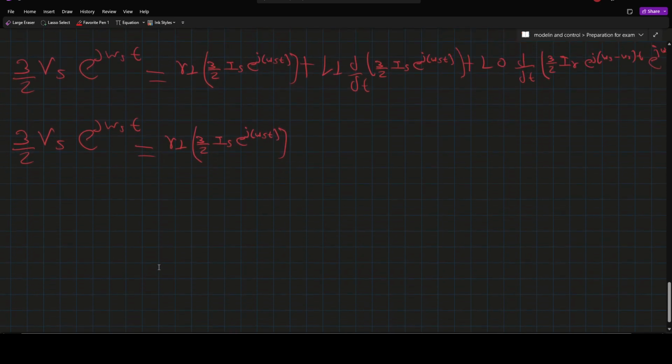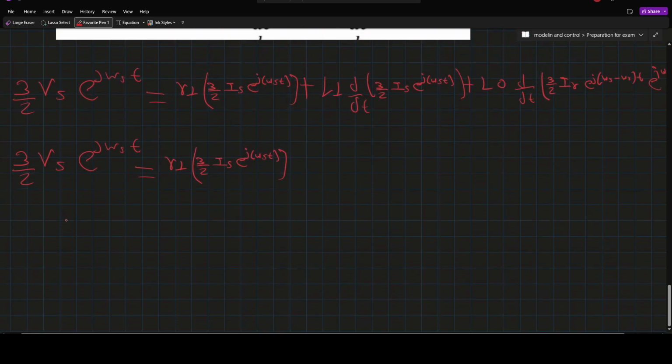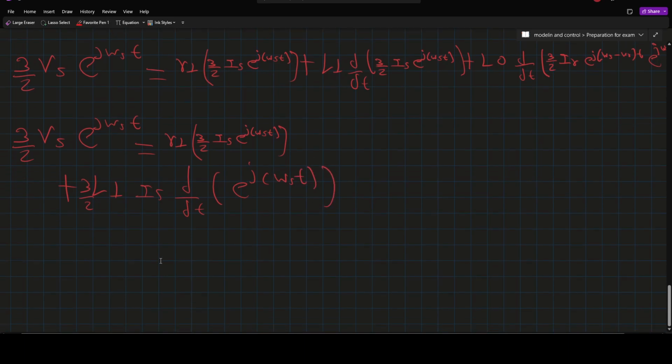We can't do much with this one right now. We have plus L1, and we can take out the 3 halves and the I S, leaving the derivative of e to the j omega s t.